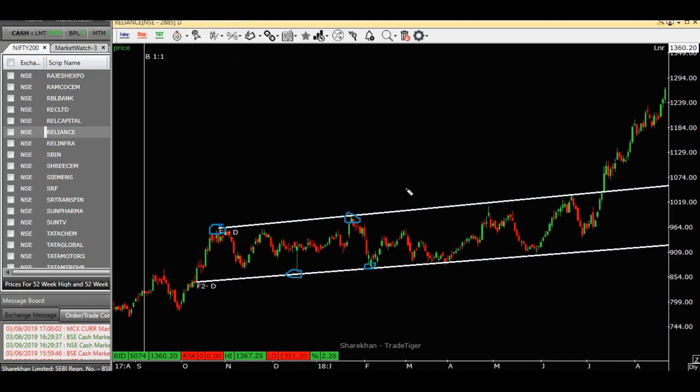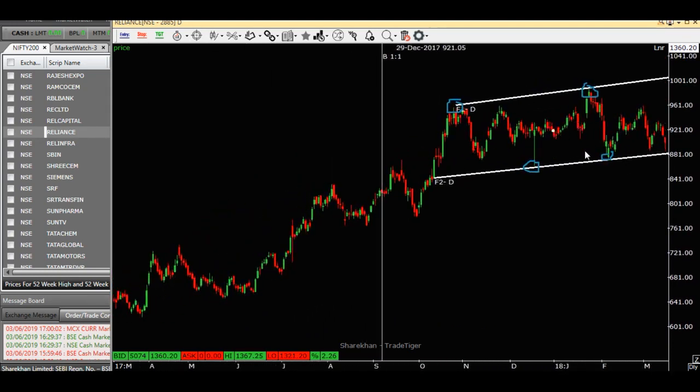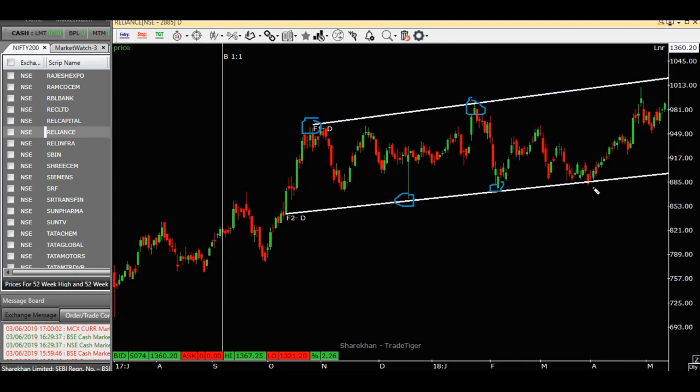Okay, so just look at the number of opportunities that this pattern gave us, right? So now that I have the two swing highs and two swing lows formed, right, now I can start trading this as a channel. So the moment it comes to the lower end of the channel, right, I can enter my buy position here with the upper end as my target.